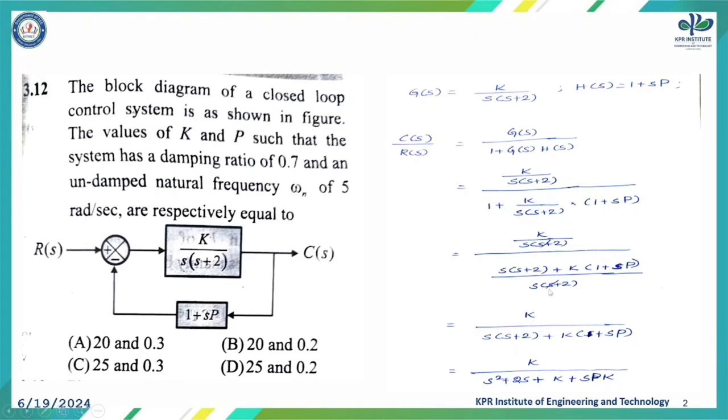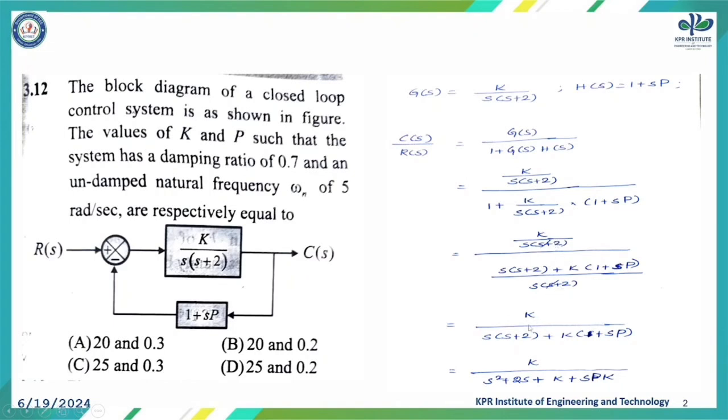If you take LCM in the denominator part, we will get K by s into s plus 2 in the numerator as it is. In the denominator, it will change to s into s plus 2 plus K into 1 plus sp, divided by s into s plus 2. The numerator as well as the denominator have the common term s into s plus 2, so they will cancel each other.